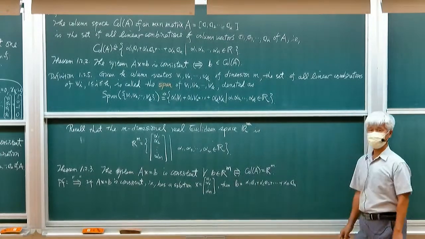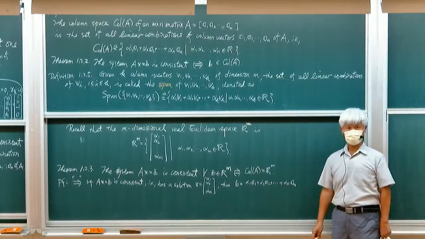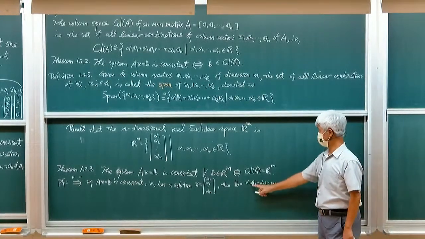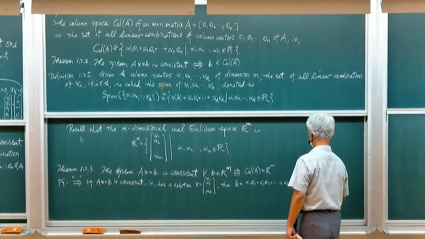Okay? So B is already a linear combination of columns of A, and so this is in the column space of A.